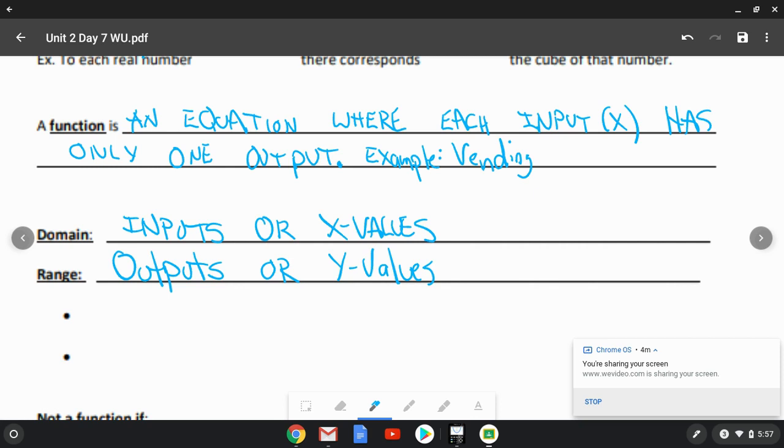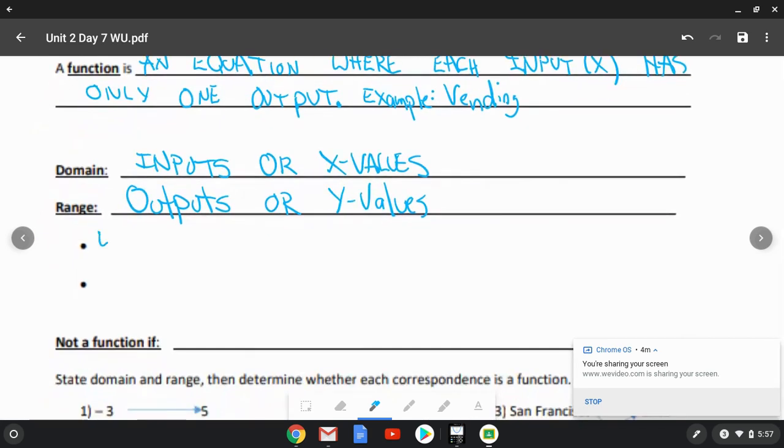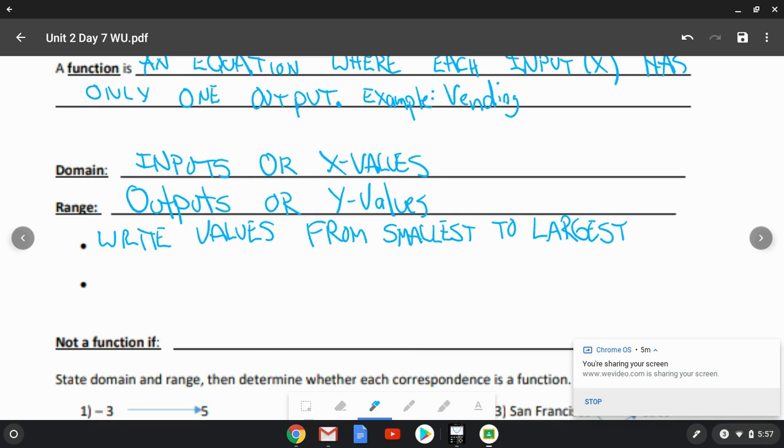So when we are asking for our domain and range, we're always going to write these numbers or values from smallest to largest. And if you see the same number twice, you don't need to repeat it.